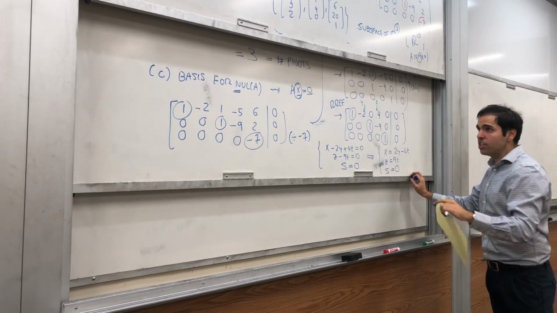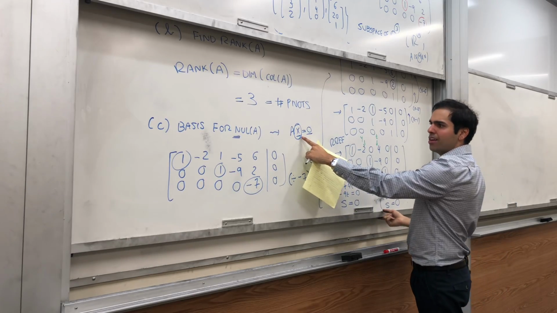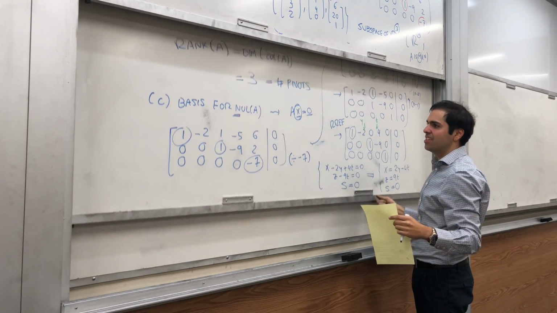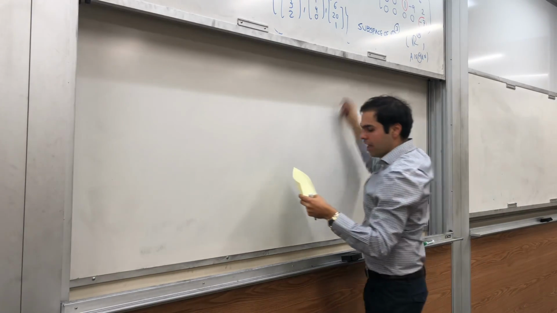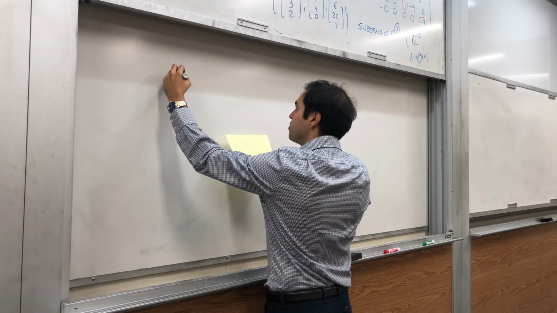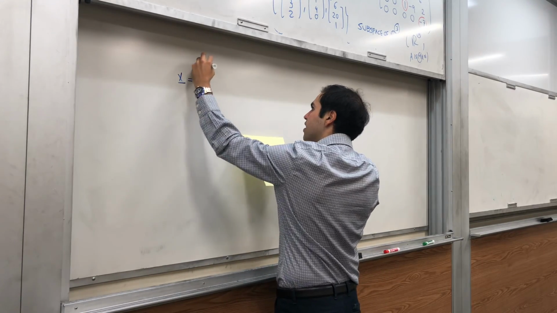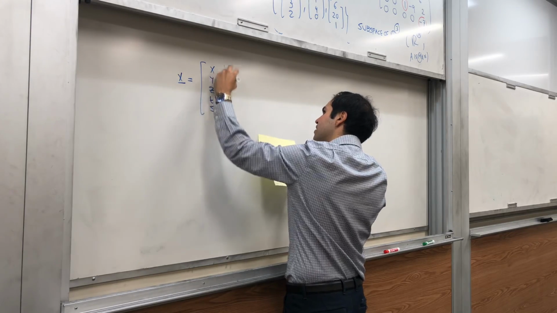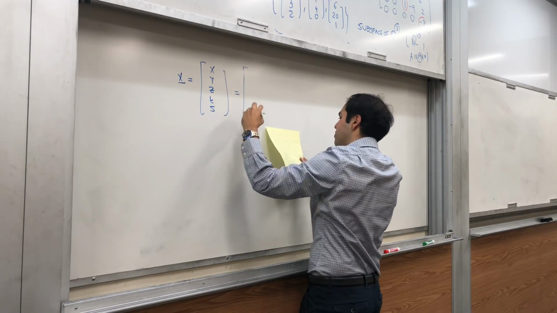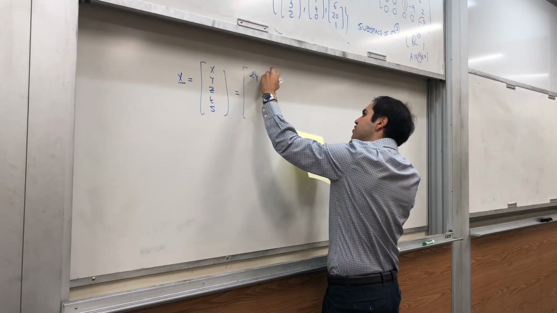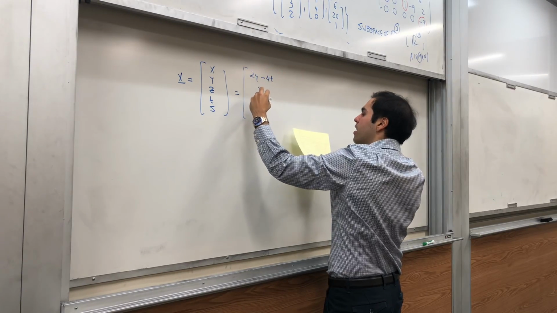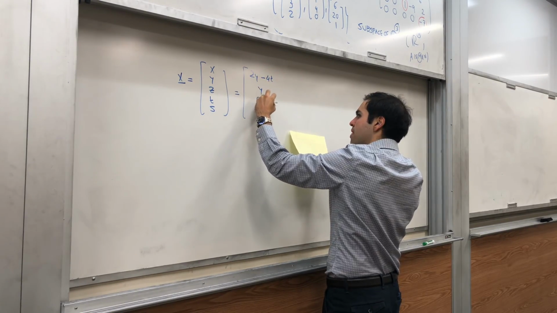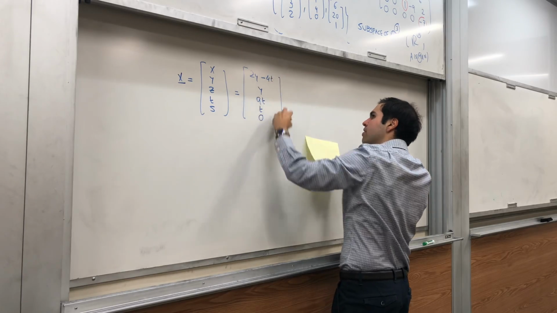Okay, why are we doing this? Because again, we want to find x such that Ax equals 0. So x then just becomes, again, everything: x, y, z, t, s. And that becomes 2y minus 4t, y, 9t, t, and 0.